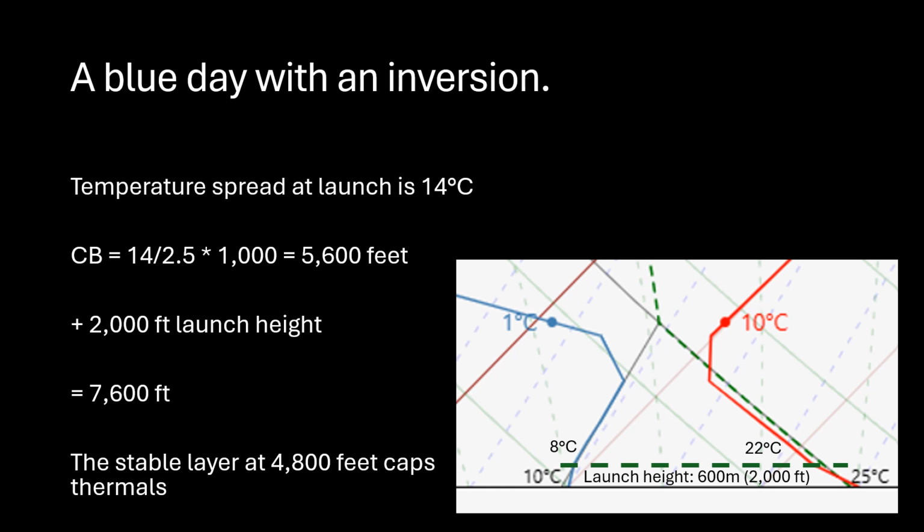However, we can see from the soundings records that any convection will stop rising at around 4,800 feet as the environmental air temperature stabilizes between 10 and 12 degrees and eventually becomes isothermic with increasing altitude. Similarly, the air becomes significantly less humid at the inversion, and this will be a blue day with good thermals but no convective cloud.